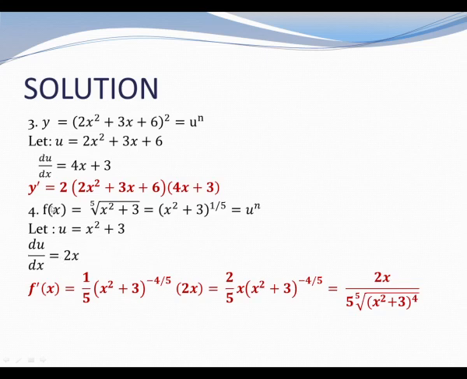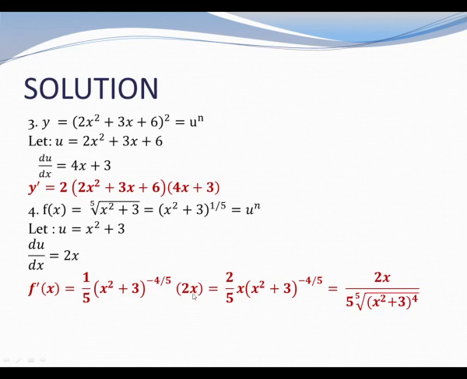Then the derivative of the function can also be considered as f prime of x. So this also means the derivative of y with respect to x or y prime. And then by power derivative rule, we bring down the exponent as 1/5 and then the quantity x squared plus 3. And then 1/5 minus 1 is raised to negative 4/5, to be multiplied by the derivative of u with respect to x, which is 2x.